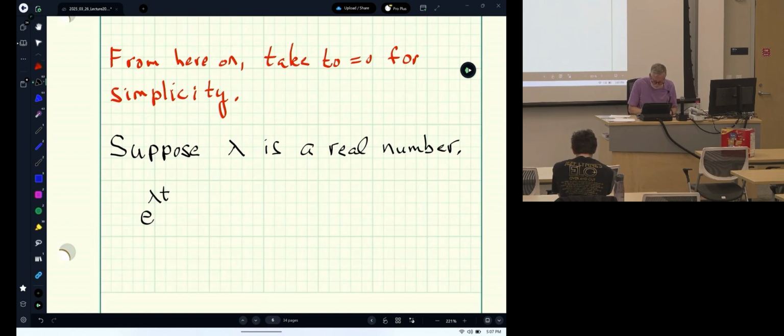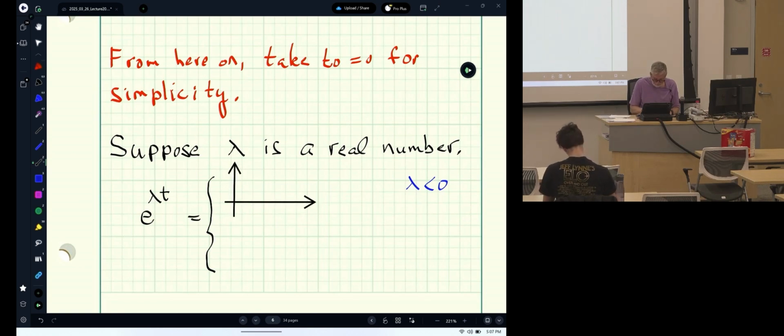What does this look like? Suppose lambda is negative. It just exponentially decays, right?